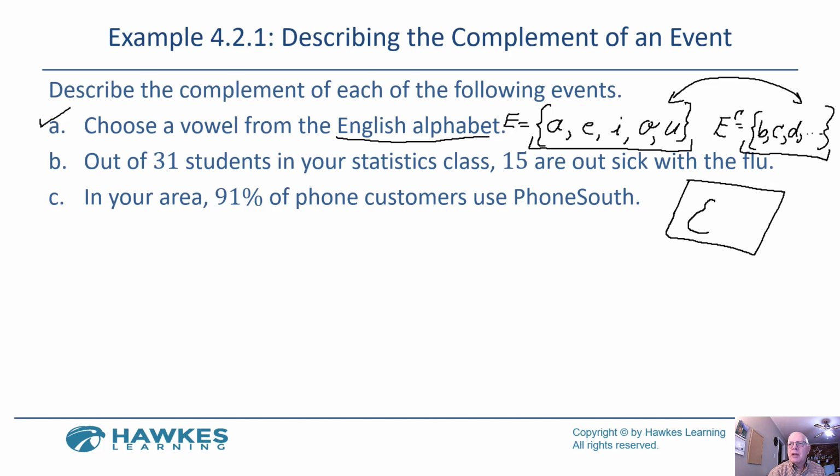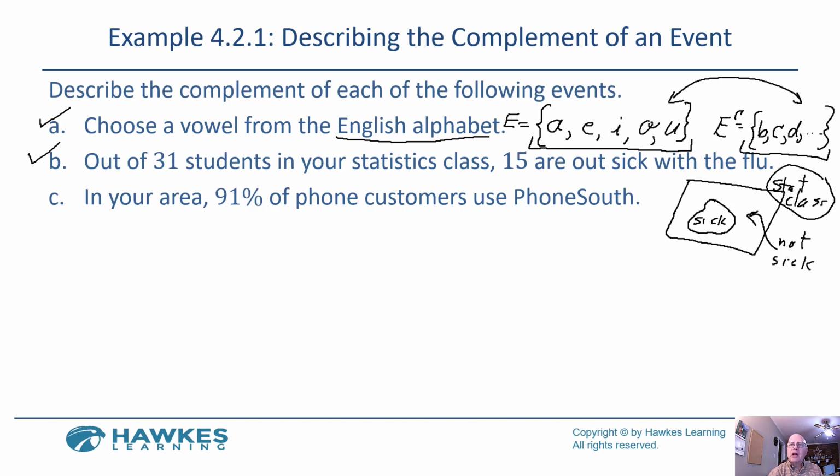So here's the stat class, and here's the set of sick people, and this group would be the ones who are not sick. Notice that if you take the sick ones and add the ones who are not sick, you get the entire stat class. Check that off.